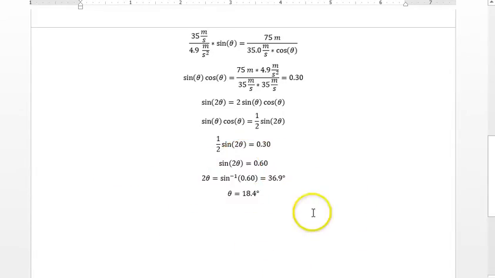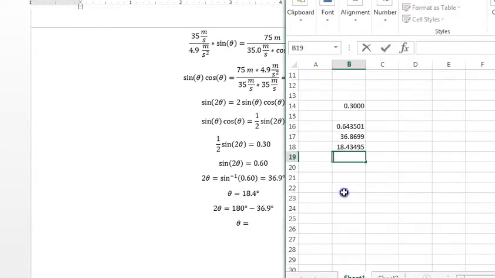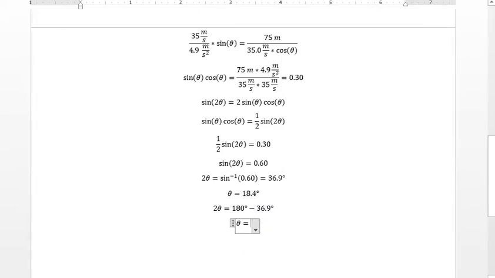We now know that 2 theta equal to 180 minus 36.9 degrees is also a solution. And so that gives us theta equal to 180 minus 36.9 divided by 2, 71.6 degrees.